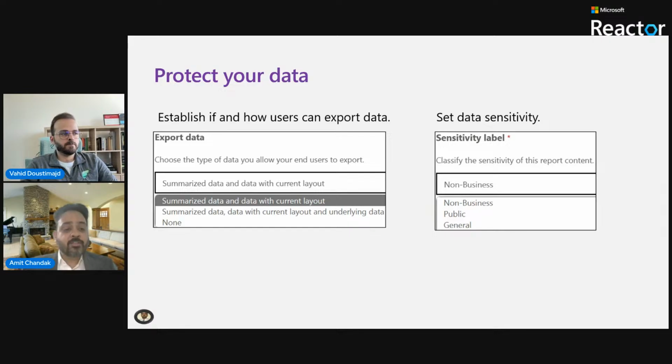You have to configure the labels at the admin level. Power BI admins have the permission to create the sensitivity label and define the rules. And once those rules are defined, those labels can be used inside the organization to secure and protect your data based on the labels. So we'll move to the next slide now.